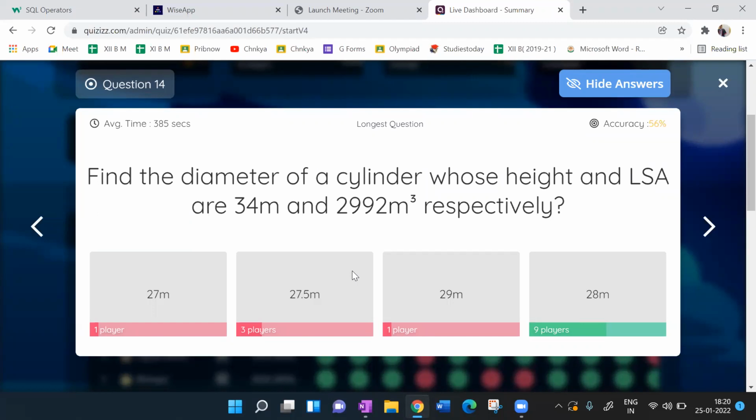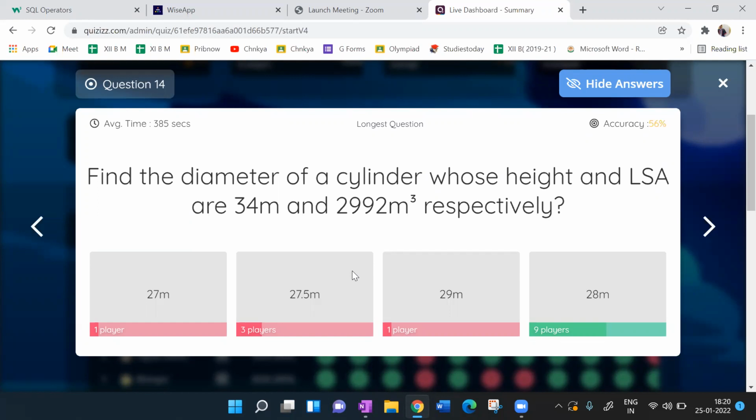Find the diameter of the cylinder whose height and LSA are given respectively. Guys, five of you made a mistake. How many have done this? Sir, I have done it.